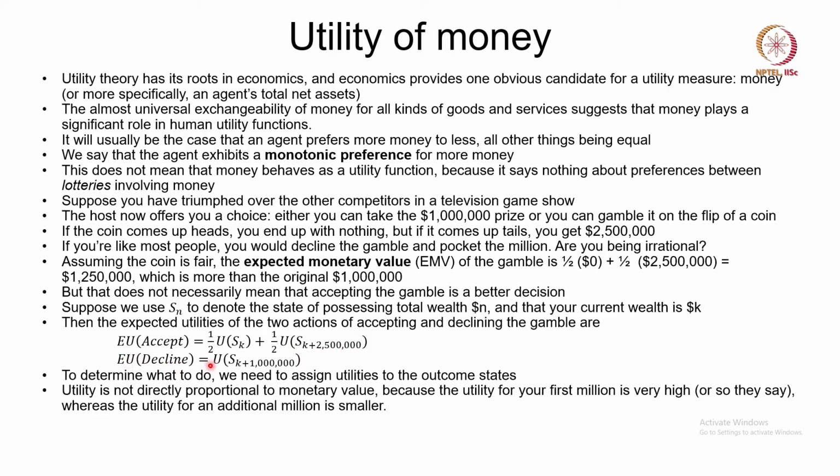And EU of declining will be utility of S of K plus 1 million. So this is one way of writing the expected utility of whether you accept or decline.